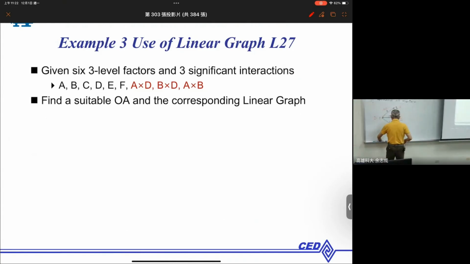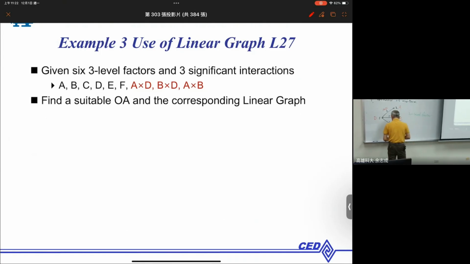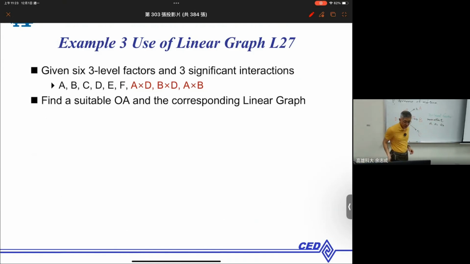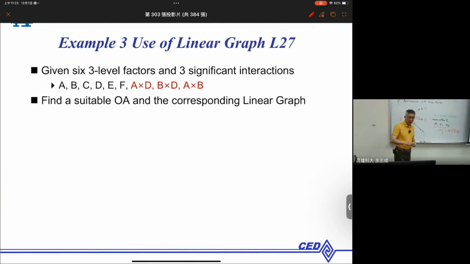So for a 3-level factor such as A, the main effects A1, A2, A3 actually have only 2 independent variables. Why are there only 2 independent variables? Because we add another assumption.